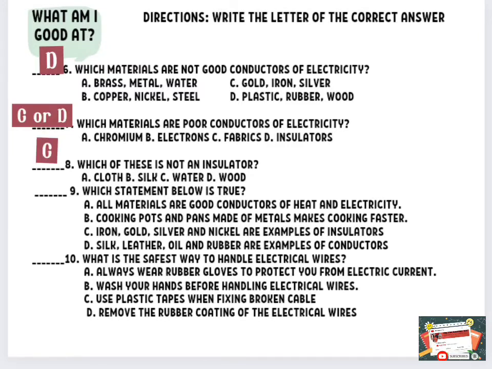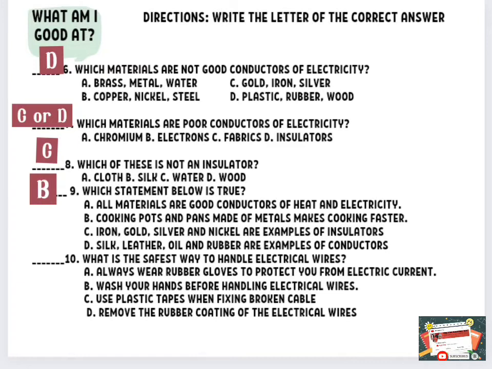9. Which statement below is true? A. All materials are good conductors of heat and electricity. B. Cooking pots and pans made of metals make cooking faster. C. Iron, gold, silver and nickel are examples of insulators. Or D. Silk, leather, oil and rubber are examples of conductors. The answer is letter B. 10.